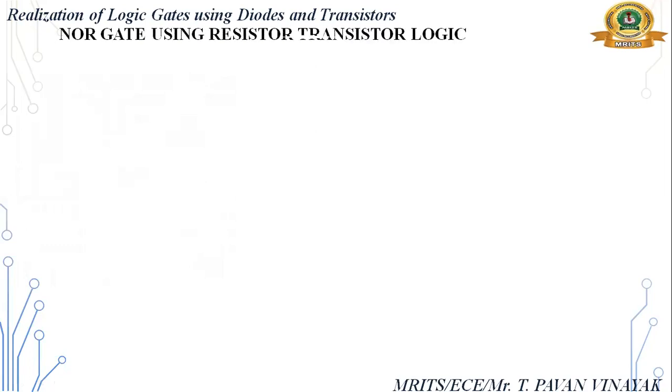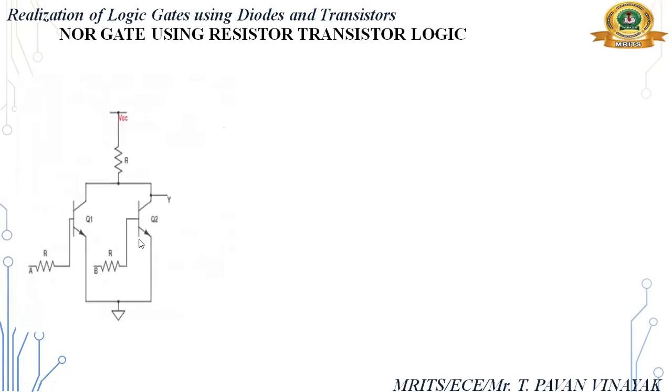Next, NOR gate using RTL. One important point: in RTL, the basic gate we designed is the NOR gate only. Okay, this circuit without the inverter, we call it the NOR gate. This circuit we used in RTL design.